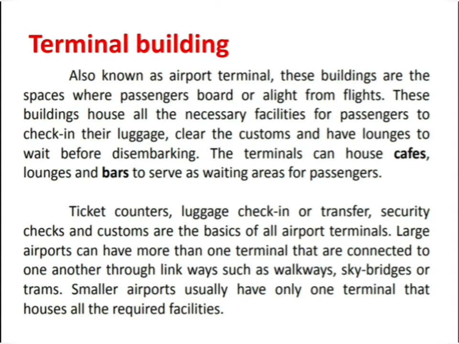It depends upon the size of the airport. Some big airports may contain two, three, or four terminal buildings, and some small domestic airports may contain only one terminal building, within which all those facilities will be provided.